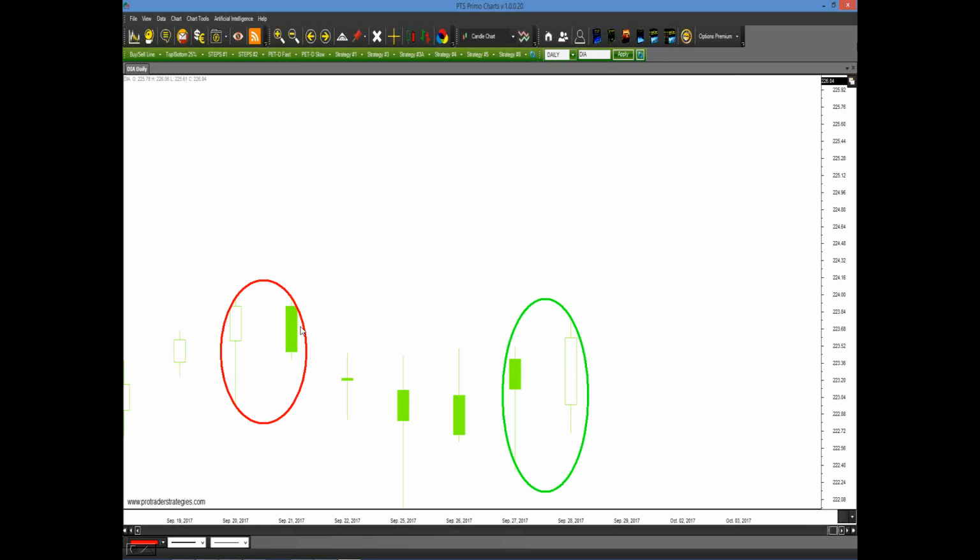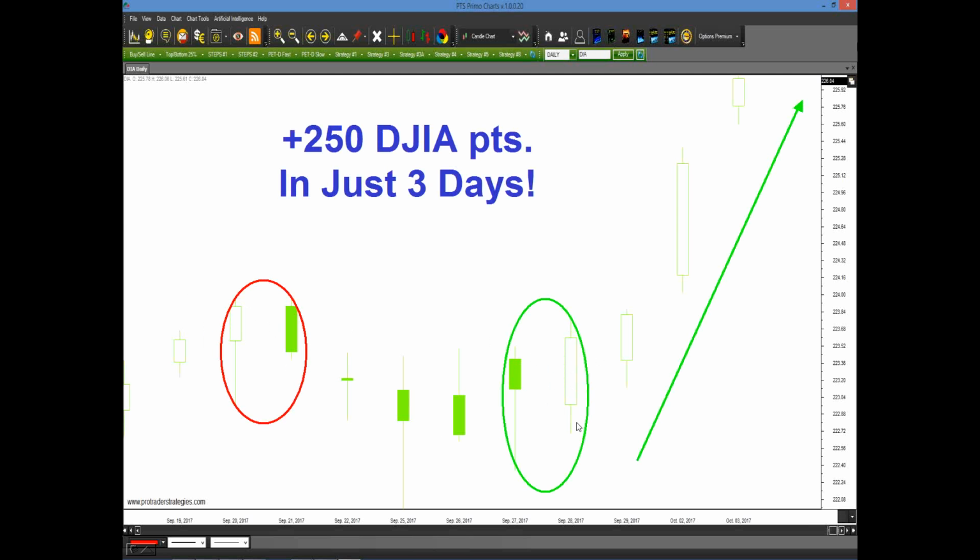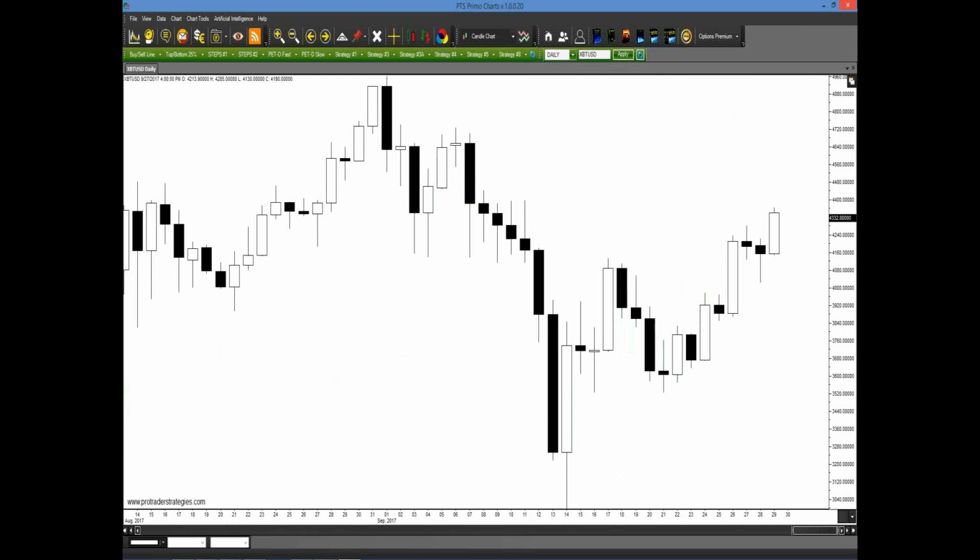So we would not have taken that signal, but we would have taken this one, because a bullish engulfing pattern needs bar number 2 to be colored green. And look what happened. So if you've been using this as a directional tool, even if you didn't trade the Diamonds, it would have told you that that's an up signal in the market, and the market went up 250 points in just 3 days.